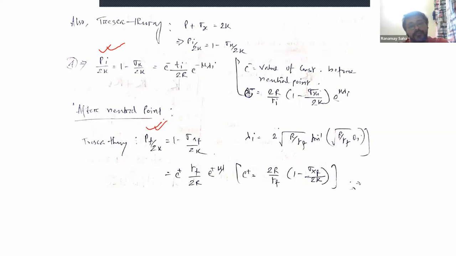So that way you can find out the expressions for pi by 2k and pf by 2k, right? And in case of the pre-neutral point region, that is before the neutral point is reached, take the constant c as c minus, and after the neutral point is reached, take the constant c as c plus, right?